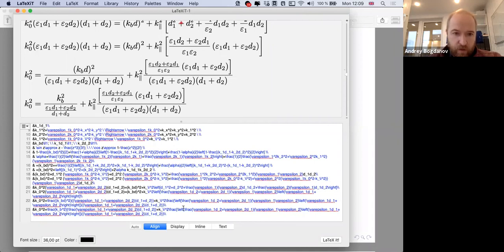So fraction k parallel, and here fraction d1 plus d2, and in denominator I will have another fraction d2 over epsilon 2.